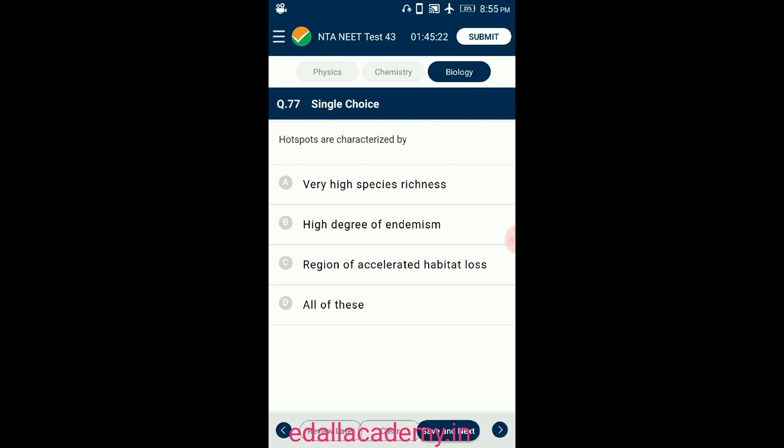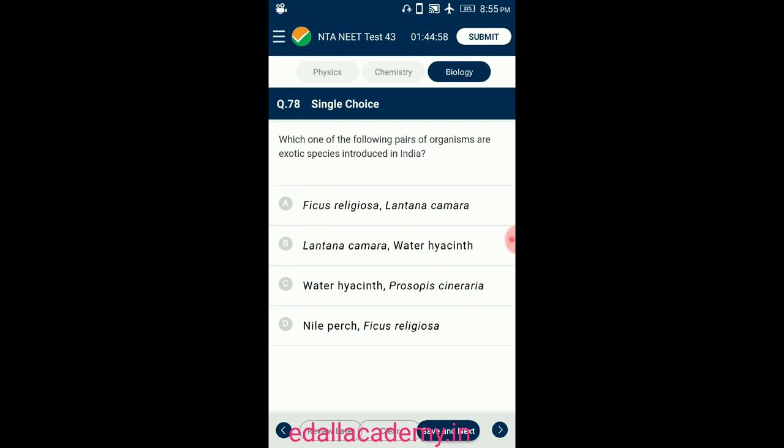These hotspots are also the regions of accelerated habitat loss. So the answer for this question is all of these: hotspots are characterized by very high species richness, high degree of endemism, and regions of accelerated habitat loss.